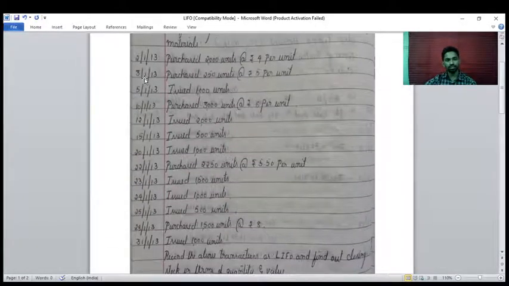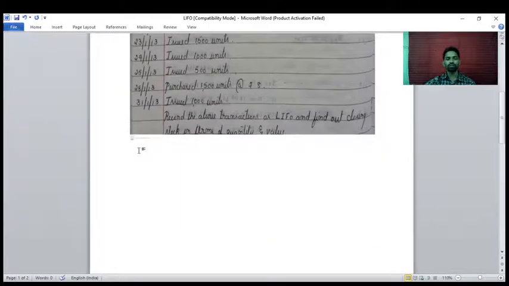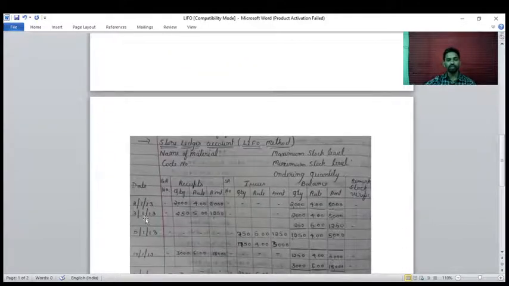Now see the second transaction. On 3rd January 2013, again purchased 250 units at the rate of 5 per unit, amount 1250. Again we have to maintain the balance in the balance column.